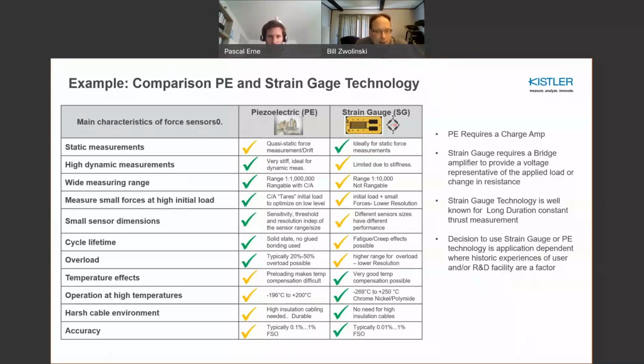Whatever your application is, we can dial you into what the best technology might be. For sure, piezoelectric is optimized for rangeability, like I said, for high frequency, and does have quasi-static. And strain gauge is optimized for static and does have some dynamic, and certainly has a very good compensation with temperature compared to piezoelectric, for example.